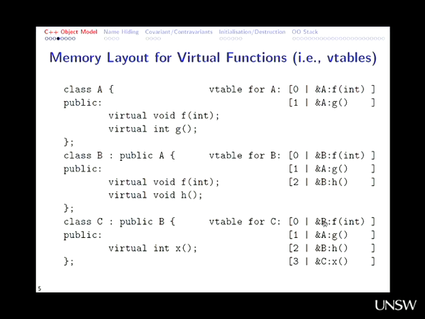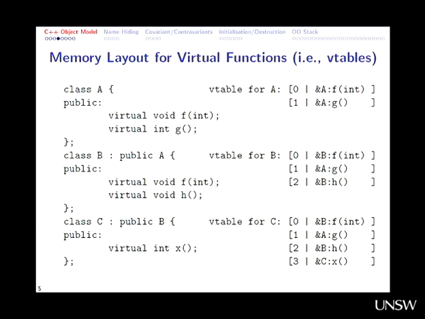The B version, because even though f is declared up in A, it's then overridden in B, and it's not overridden in C, so it gets the B version there. It gets A's version of g because g is defined there. It gets B's version of h because h is defined there, and then it gets the C entry. So the virtual table for class C is like that.